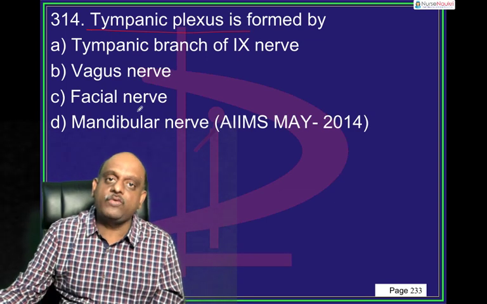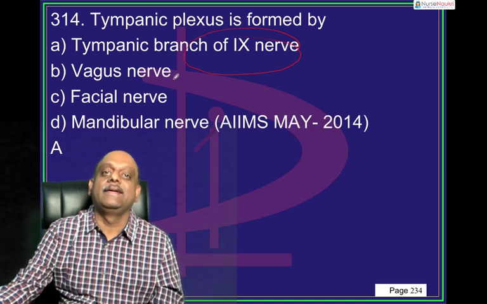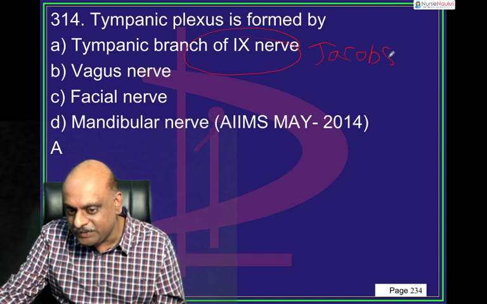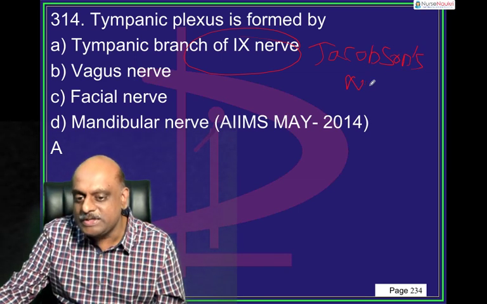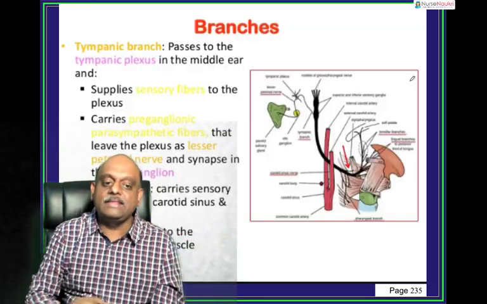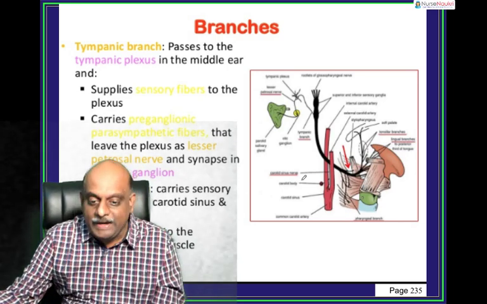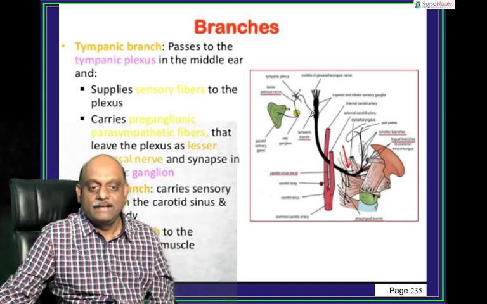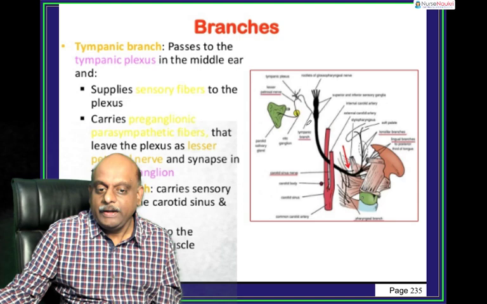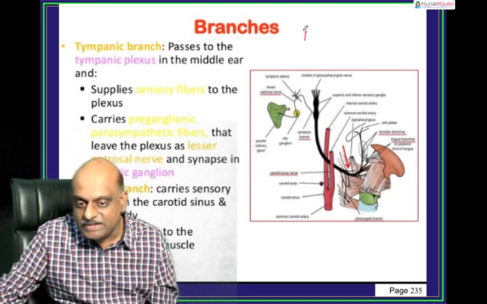Tympanic plexus is formed by the tympanic branch of the glossopharyngeal. What is this called? Jacobson's nerve. Jacobson's nerve is the name given for the tympanic branch of the ninth nerve, is what you need to remember. This tympanic branch of the glossopharyngeal nerve passes to the tympanic plexus in the middle ear.